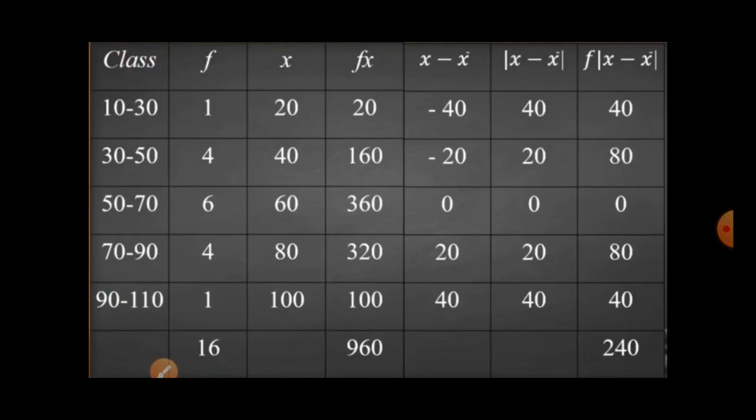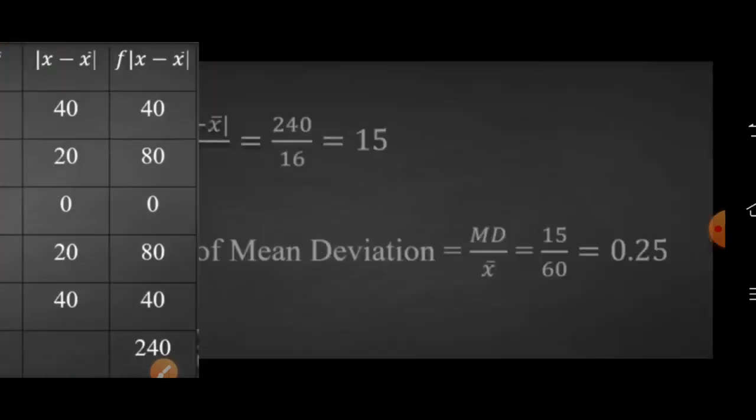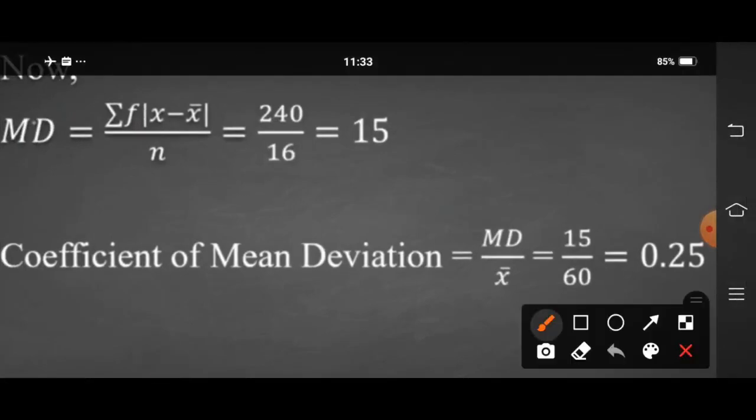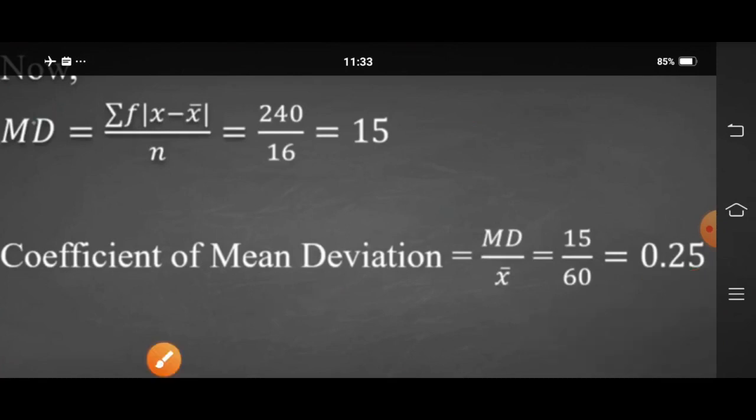You know very well how to calculate. Then put all values into the formula: sigma f absolute value of x minus x bar upon n, 240 divided by 16, 15. Then coefficient of mean deviation is mean deviation divided by mean, 15 upon 60, 0.25.